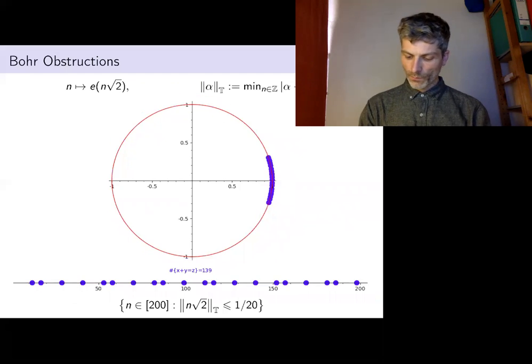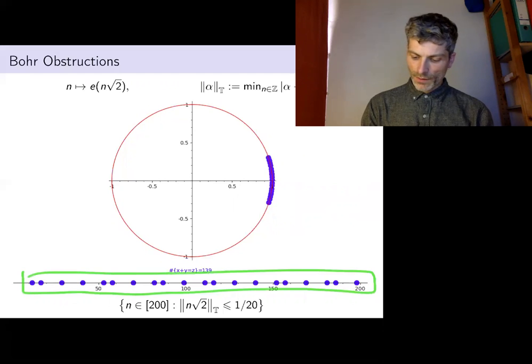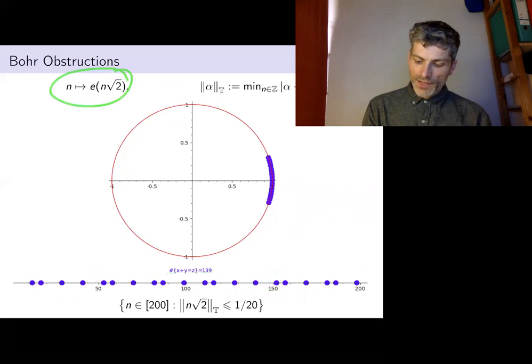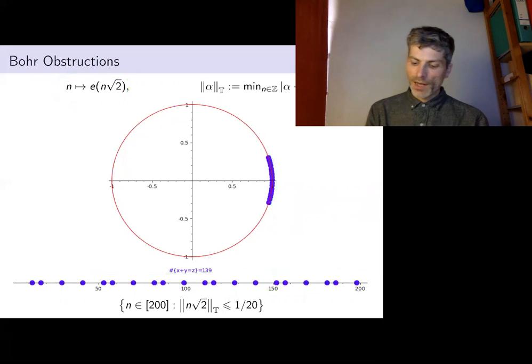Now this set, which looked like an interleaved progression, the way I've constructed it is, given this homomorphism, I've taken a neighborhood of 1, a neighborhood of the identity, an arc around 1 in this group, and I've pulled it back to the integers.